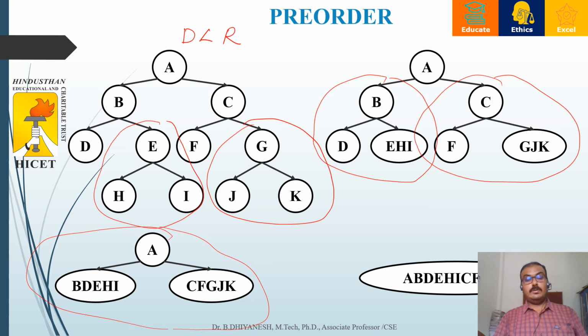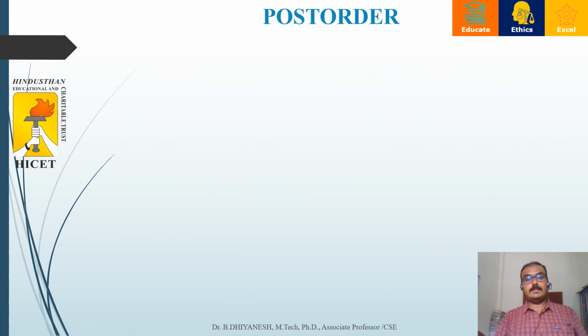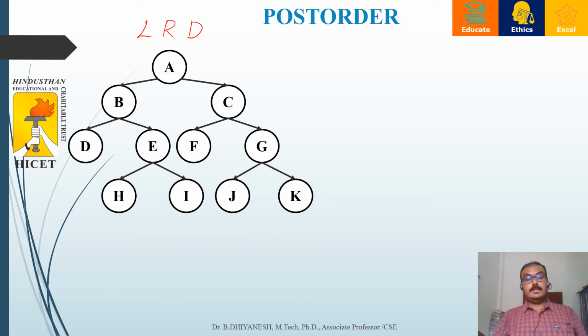And last we are going to see the post-order traversal. Our post-order is left, right and root. The same tree. Again we need to start with these subtrees. The same procedure, but the formula is different.